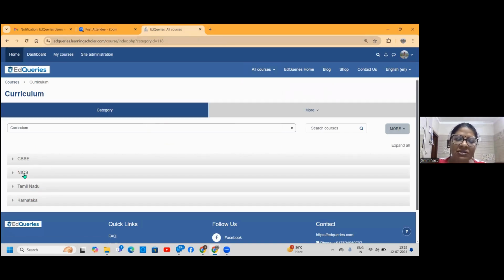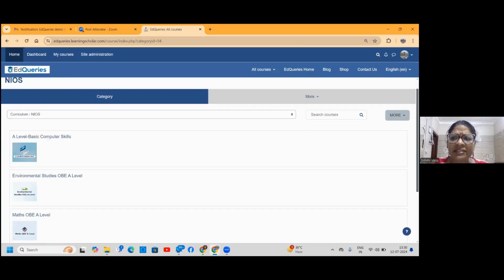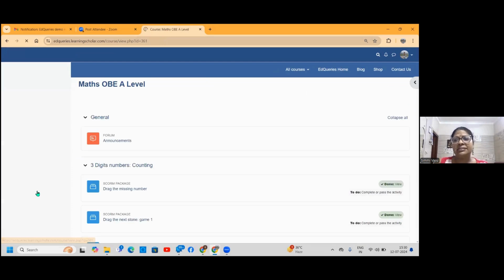We can immediately see we are trying to map Tamil Nadu and Karnataka state syllabus also. That is in process, and we've done a lot of courses in that. And we have CBSE and NIOS. Here, we will select the NIOS grade 3 level or OBE, and we go to maths.